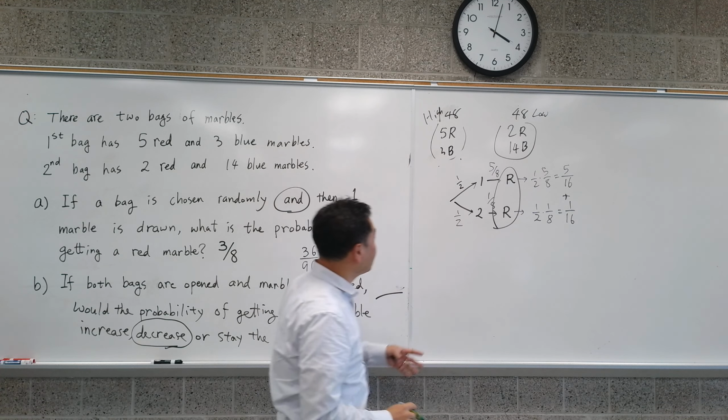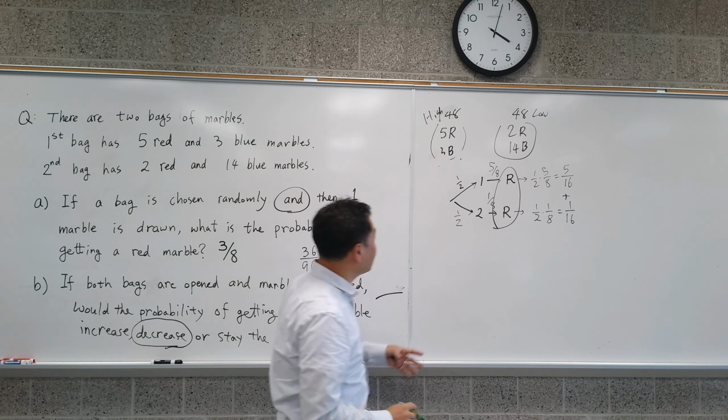And we can say something like this. The total probability of red happening is the same as the probability of choosing bag 1. Let's call x1 choosing bag 1.